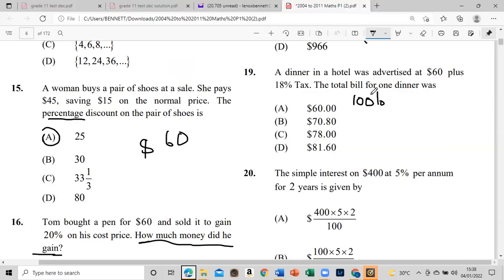Then we're going to increase it by the tax, so it's an 18% increase. So it would be 118 divided by 100 times 60. Work this out, it's kind of grinding.